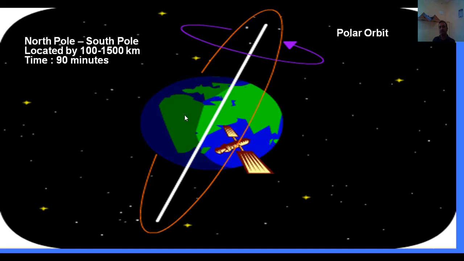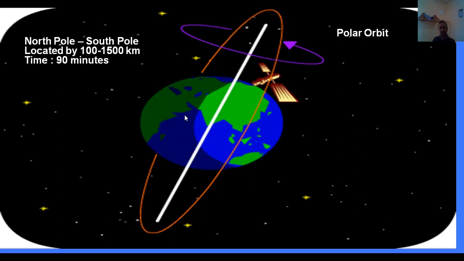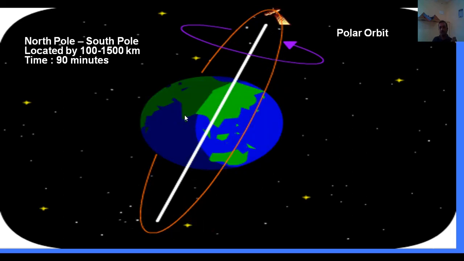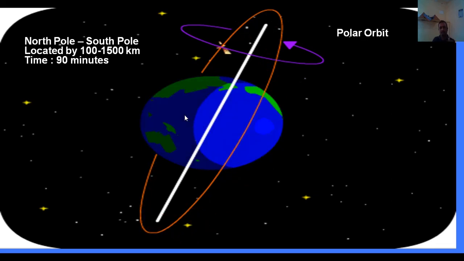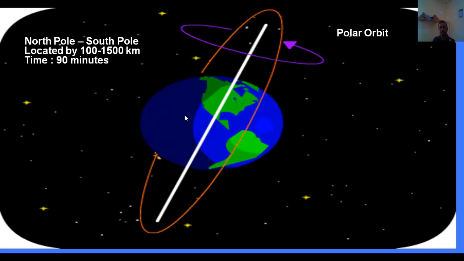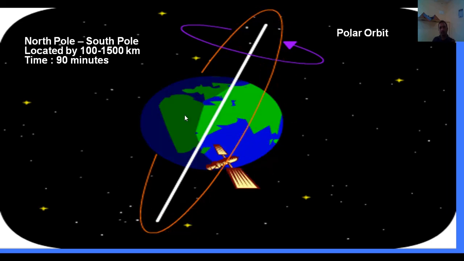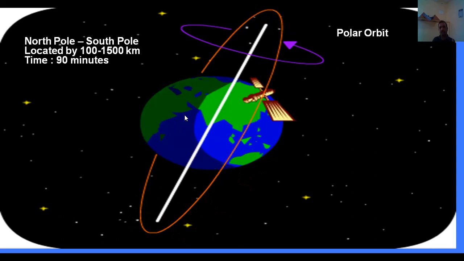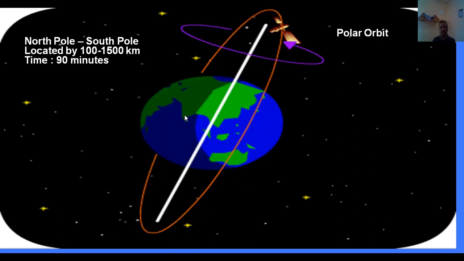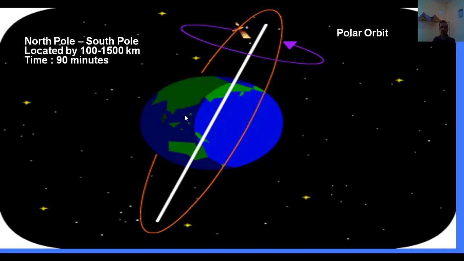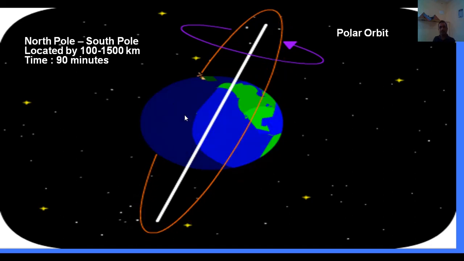Within this range, the polar orbit is located. So, many remote sensing satellites are placed in this particular orbit. Nowadays, RS&GIS and NOAA, so many satellites are passing through this orbit. This is the polar orbit.